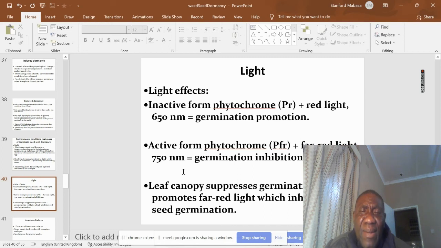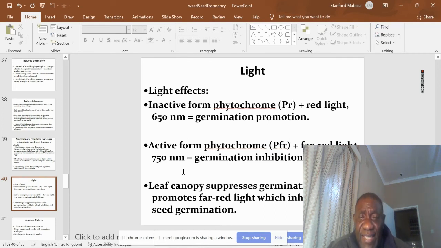Now, when you have the active form of phytochrome, PFR, which can actually allow germination, if you flash those seeds with the far red light, you are now reducing the germination, and there's germination inhibition. You cause dormancy.